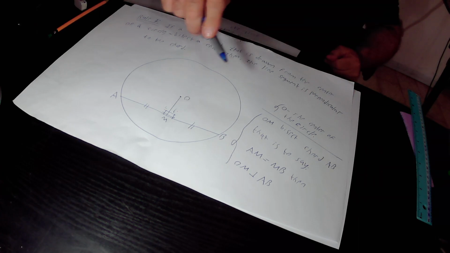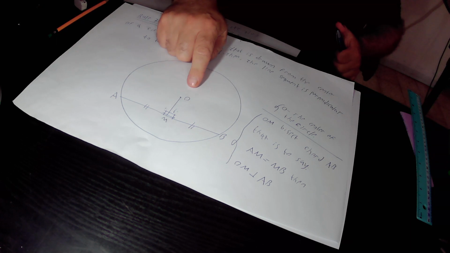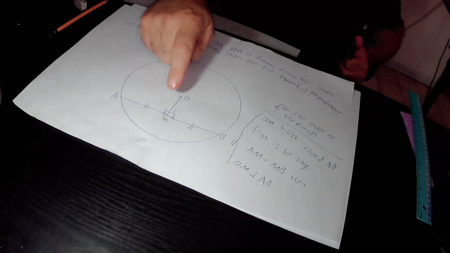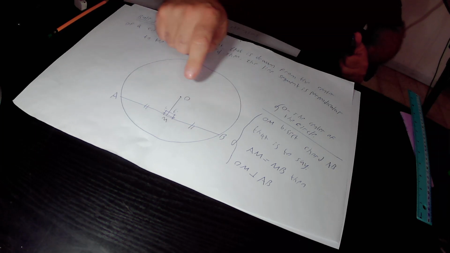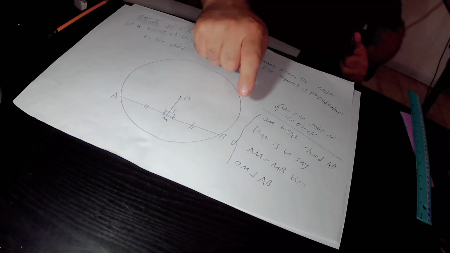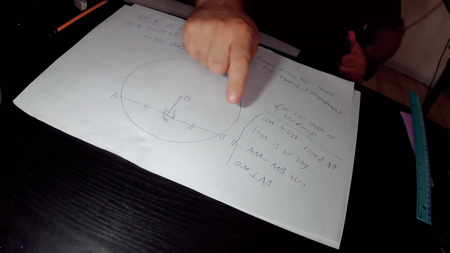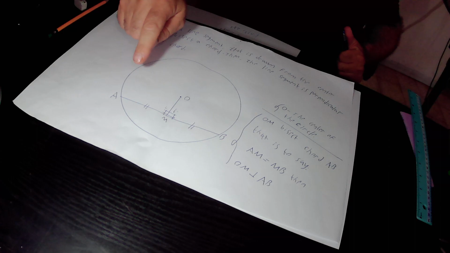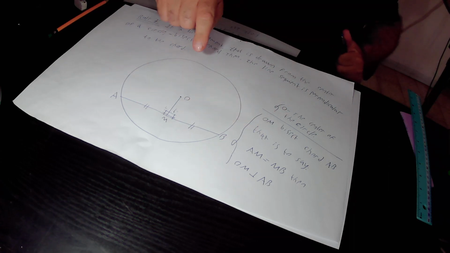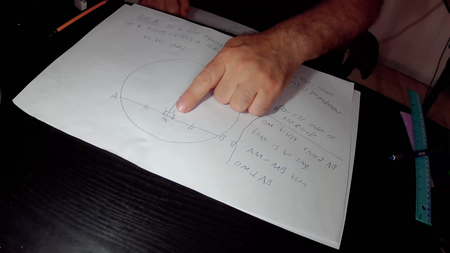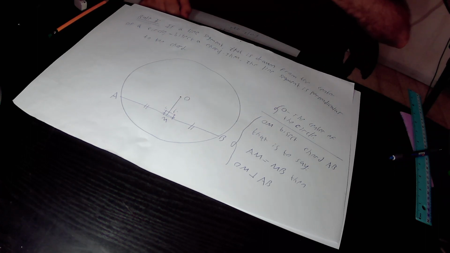So in the drawing we have a circle, and this is point O, the center of this circle. And we have line segment OM that bisects chord AB. That is to say, AM equals MB. Because line segment OM bisects chord AB, line segment OM will also be perpendicular to AB. If OM is perpendicular to AB, it means that this angle equals 90 degrees, and this angle also equals 90 degrees, according to rule 7.